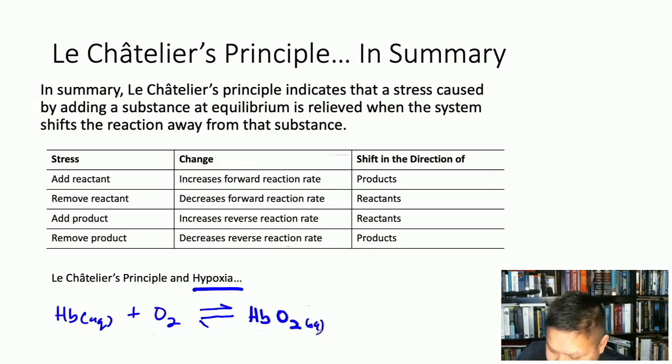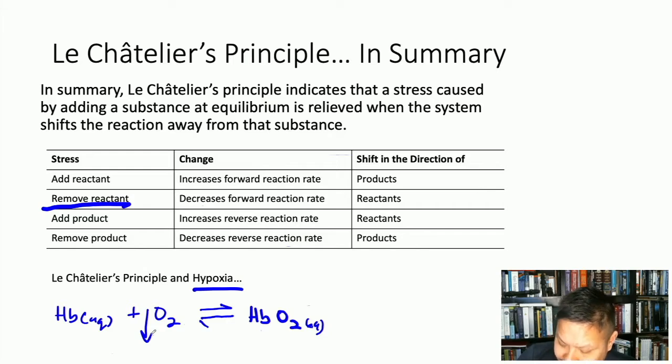But say you go and climb a mountain and you have 29% less oxygen available to breathe, right? Well, that is that condition, that stress. You've removed some of the reactants. Oxygen concentration has gone down. What does that mean then? Well, if the oxygen concentration has gone down, that means it decreases the forward reaction rate, right?